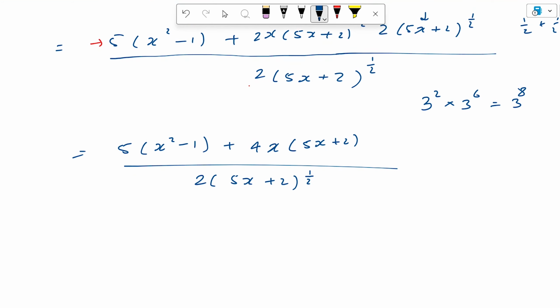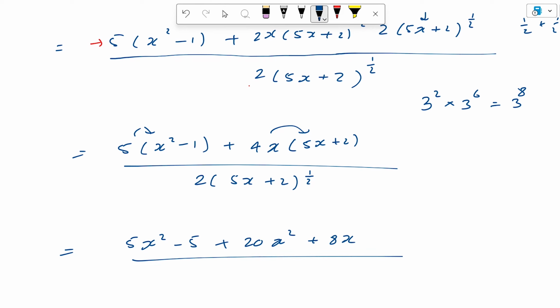So now we can expand the brackets by multiplying these inside, and we're going to get 5x squared minus 5 plus 20x squared plus 8x over 2 times 5x plus 2 to the half.